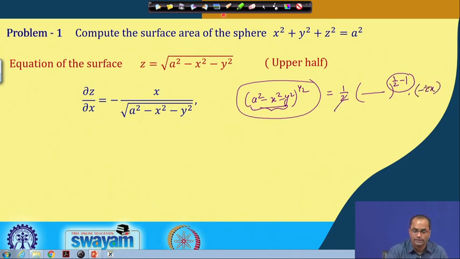So, this 2 will get cancelled and we will have the minus sign, with x in the numerator and this power which is minus half.